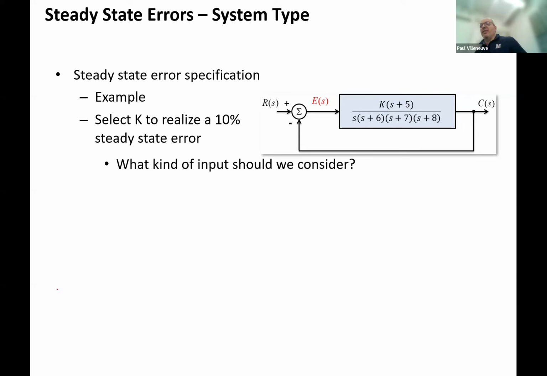So the question is, what input should you consider that will give a 10% or less steady state error? Can you tell just by looking at the block diagram?